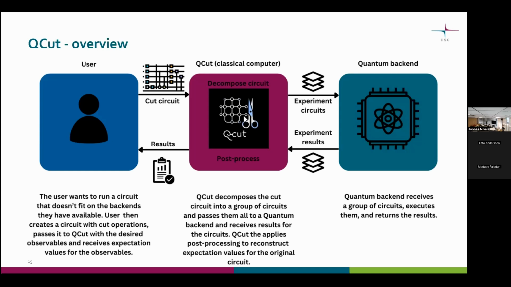QCut will then decompose your circuit with the quasi-probability distribution that you saw earlier into all of these experiment circuits, and then pass those along into a quantum backend, or you could also pass it to multiple backends if you wish to do so. And then it will get the results back, and then QCut will post-process the results and pass the results back to the user. That's the very high-level overview of how QCut works.